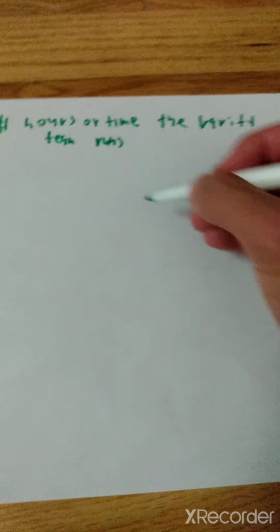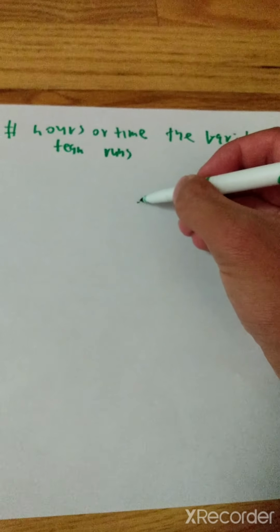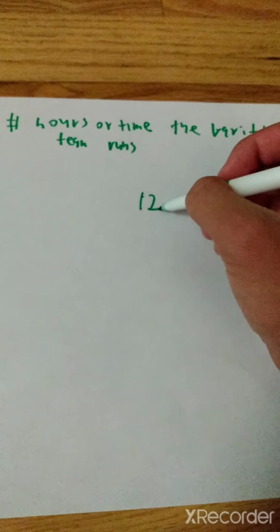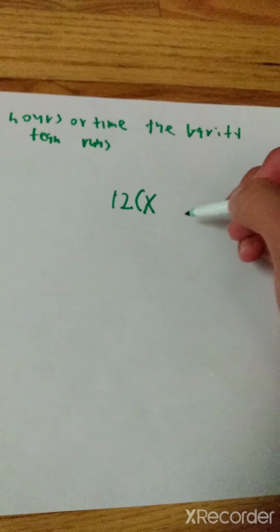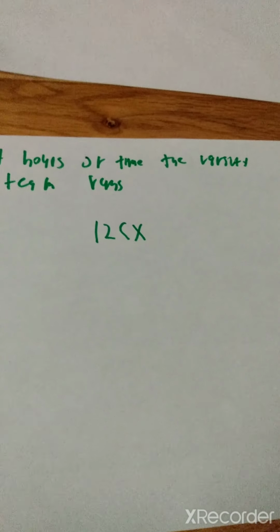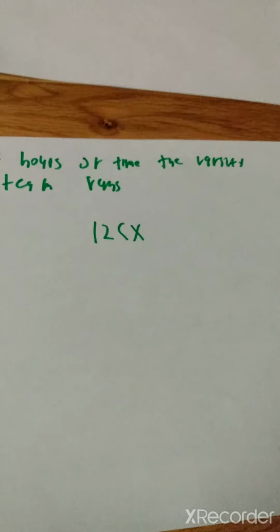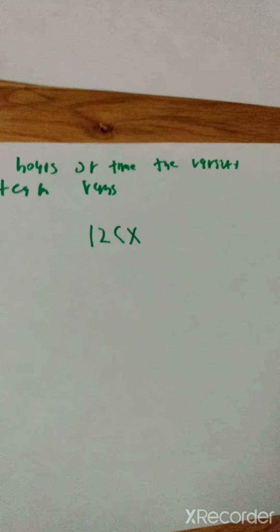On the other side, for the varsity team, they were doing 12 miles an hour, but we have to write parentheses because the varsity team started 15 minutes later.